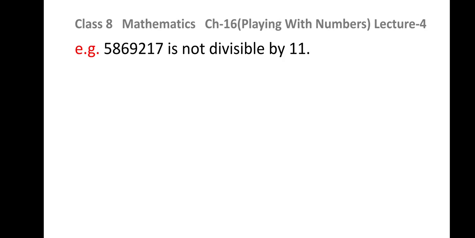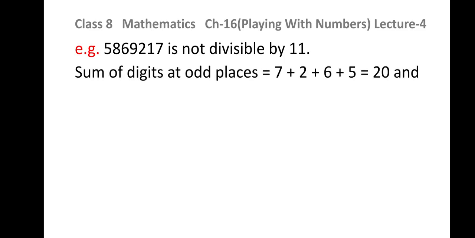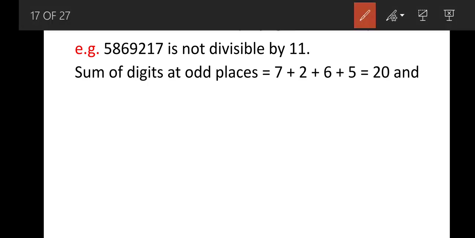Let us see whether this number is not divisible by 11. It is clearly written that it is not divisible by 11. How can we say that? Let us check. Sum of the digits at odd places. Dear children, first of all, start giving numbers to the digits starting from the units place. From this 7, start numbering the digits: 1, 2, 3, 4.